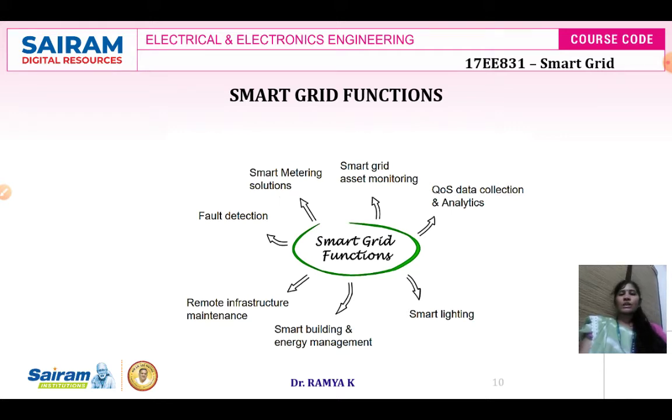So whatever grid we are designing at present, it will handle the uncertainties. Uncertainties in the sense any disturbances caused due to environmental change, or when you are transferring the power. All these things will be handled in the design of your smart grid.